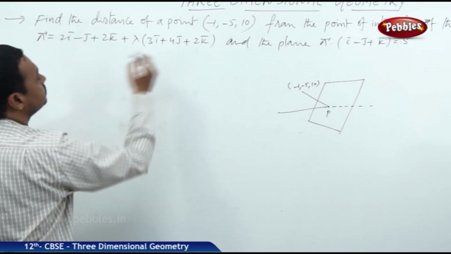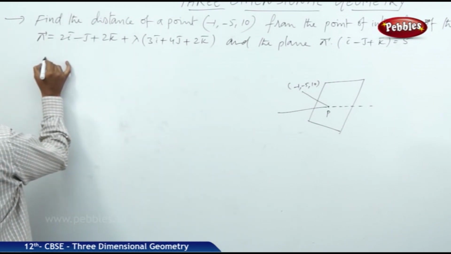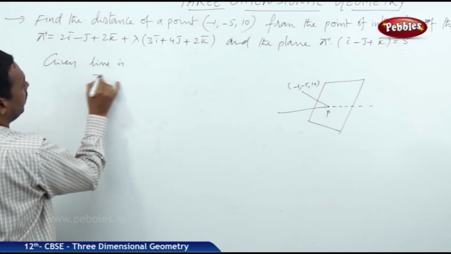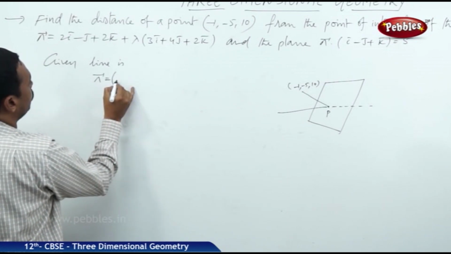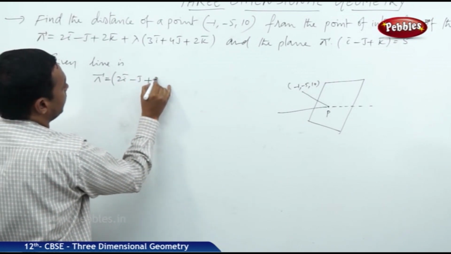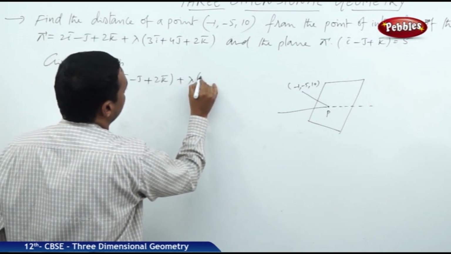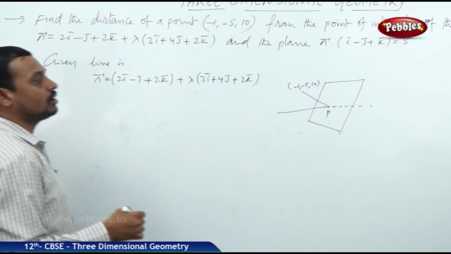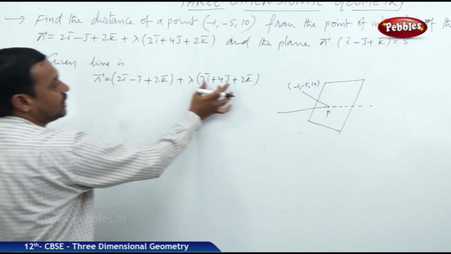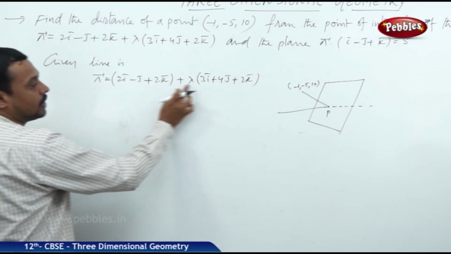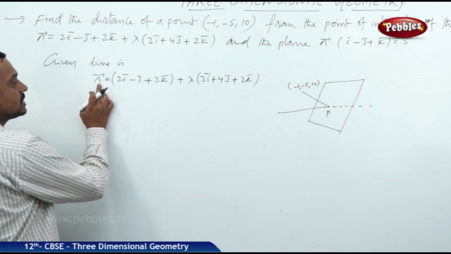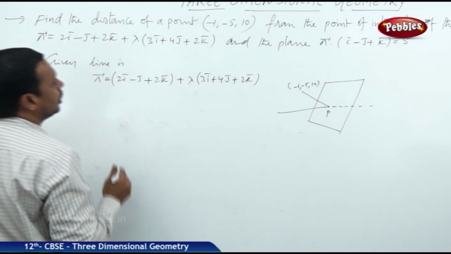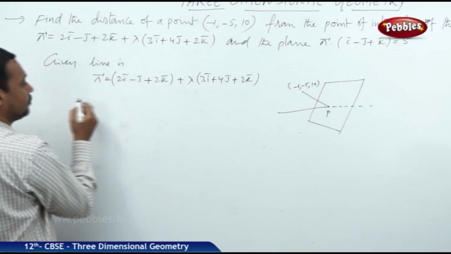Now, see here, the given line is r bar is equal to 2i minus j plus 2k plus lambda into (3i plus 4j plus 2k). This is the vector equation of the line passing through this point and parallel to this vector, in the form r bar is equal to a bar plus some scalar into b bar. Now, I am going to change this vector equation into Cartesian form.